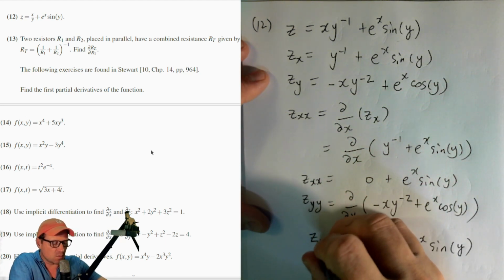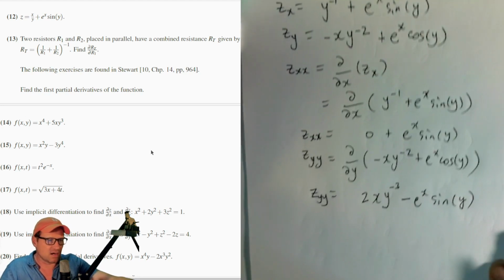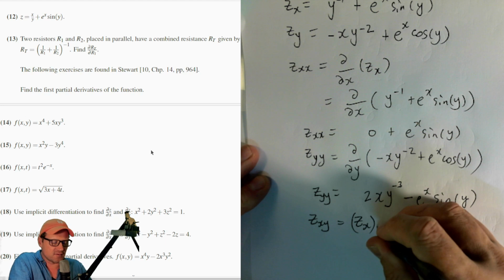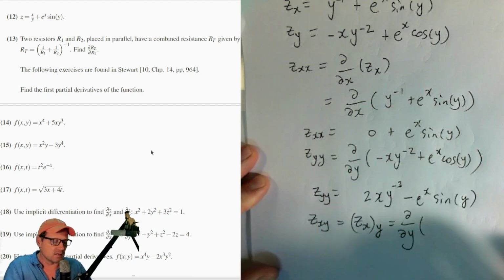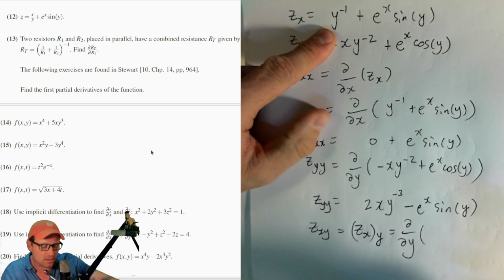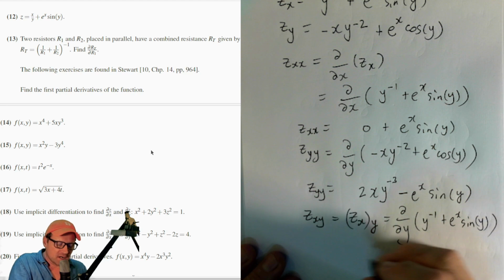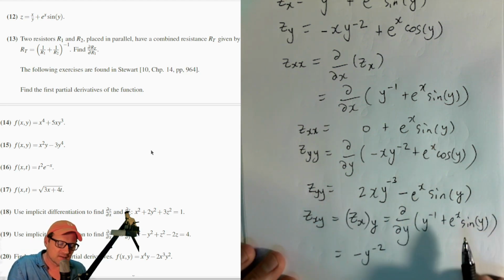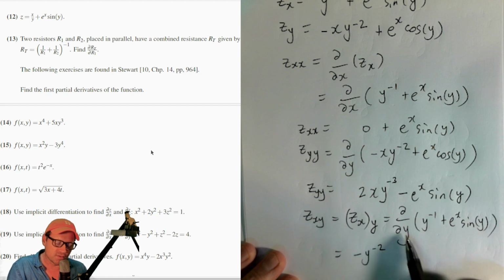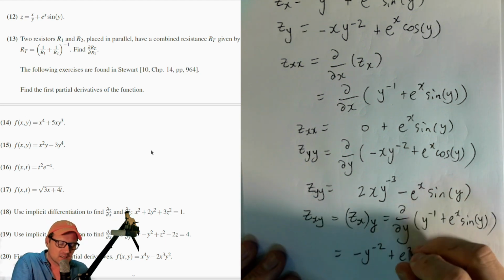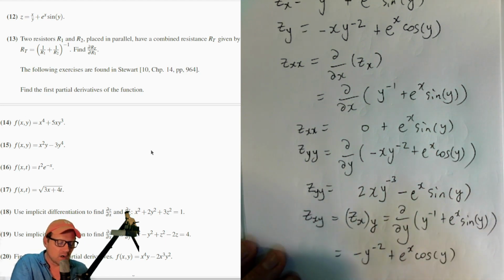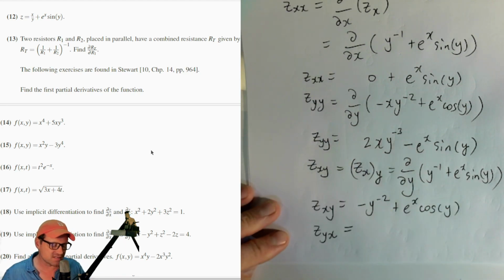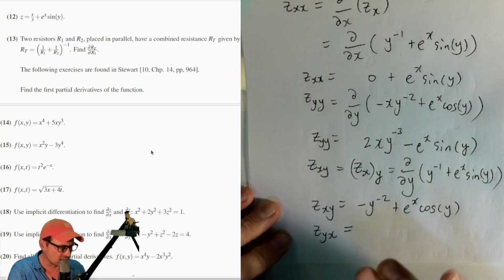And this is zyy. Okay, next let's calculate zxy. So this is zx differentiated with respect to y. Now zx is up here. Differentiating y to the minus 1 gives minus y to the minus 2. Then differentiating e to the x sine y with respect to y partially gives e to the x cos of y. This is zxy. All right, now zyx should be the same by Clairaut's theorem, but let's just check.